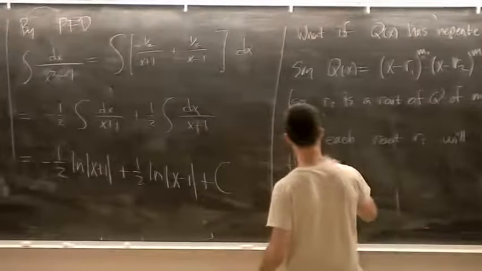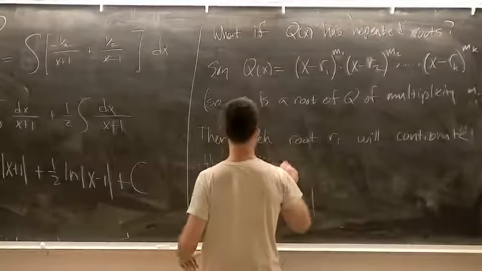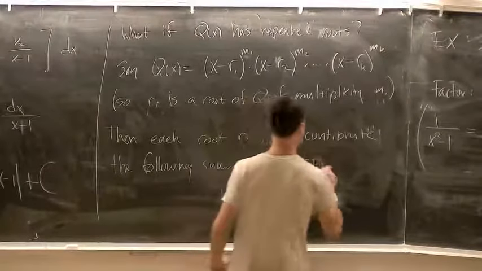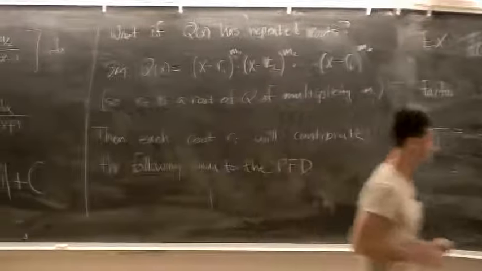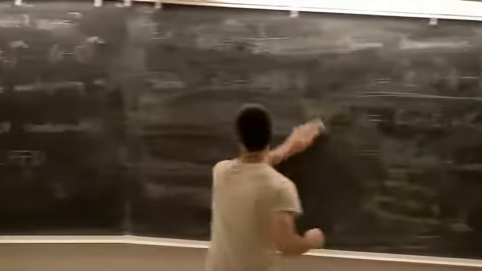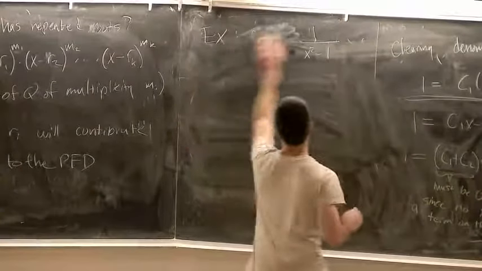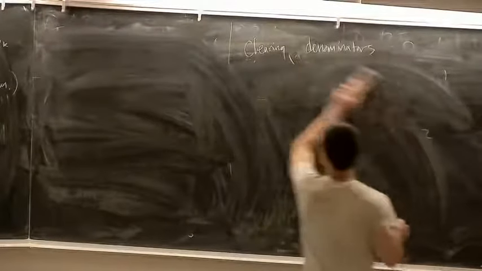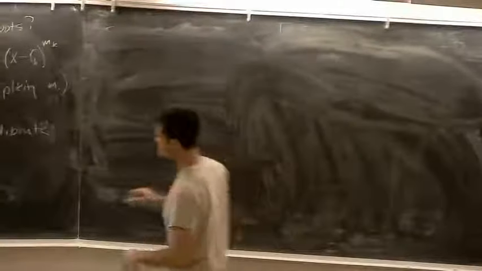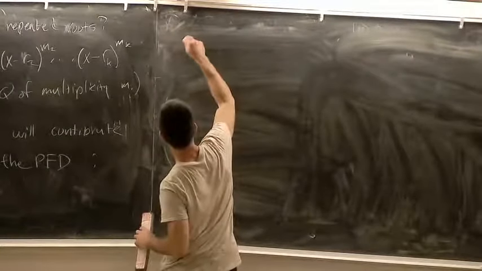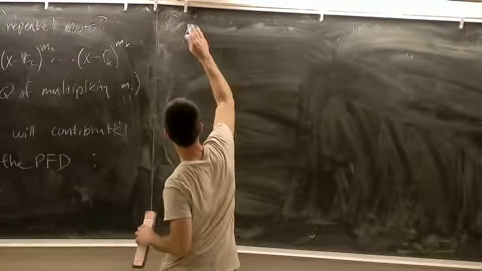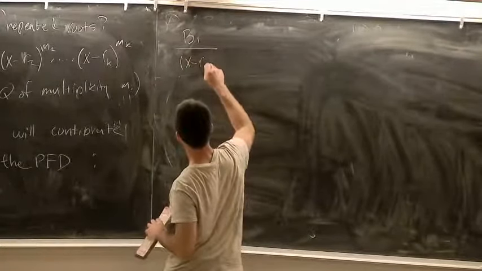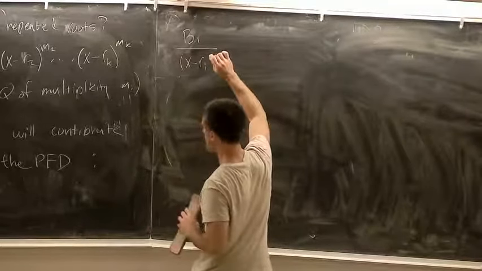And I'll write it in a second. It's basically like you have to add one term for each power of the root that appears. So the sum will be, let's use b, b1 over x minus ri.